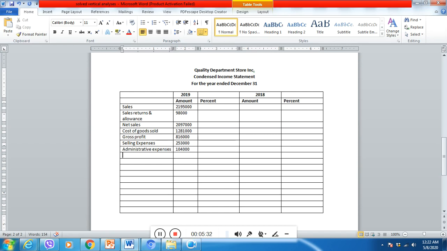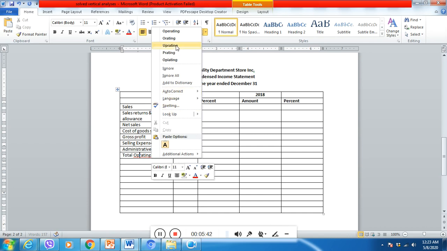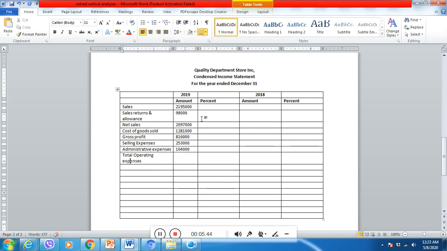Then total operating expenses, and the value of total operating expenses is 357,000.